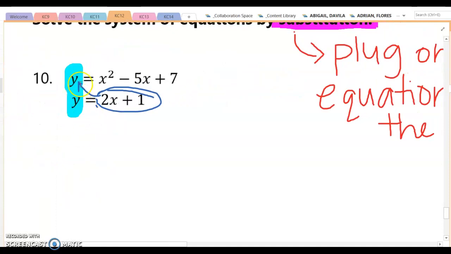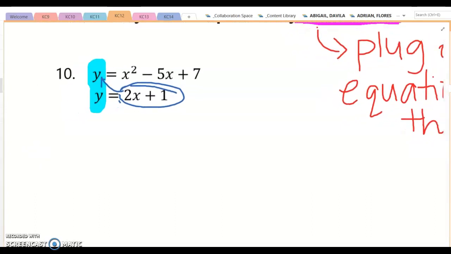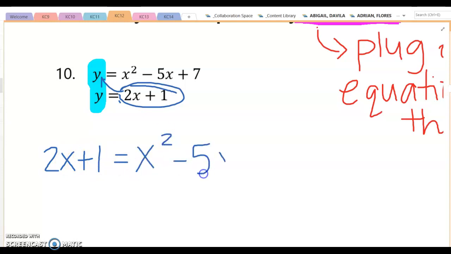So over here, if these two things both equal y, well then they must equal each other. So we're going to take 2x plus 1 and replace it in the first equation, and then equals x squared minus 5x plus 7. Since they both equal y, they equal each other. So now we're going to go through and solve.